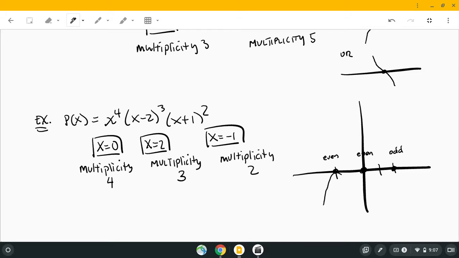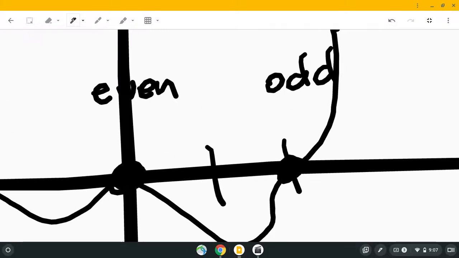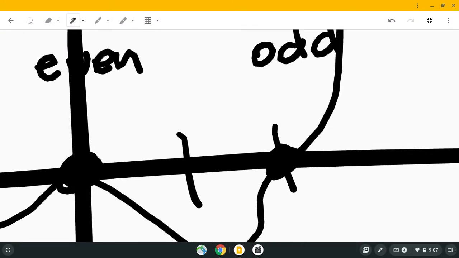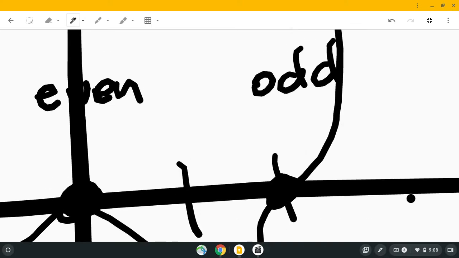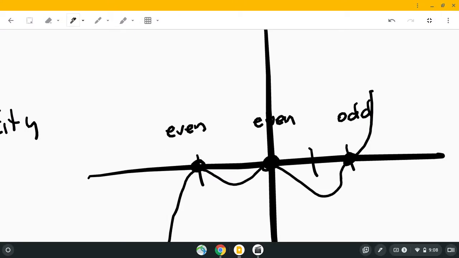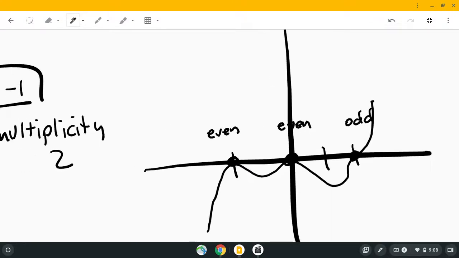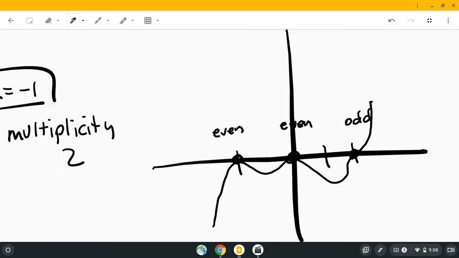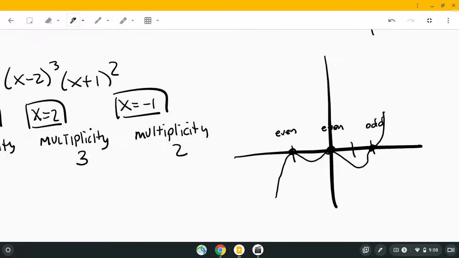Evens are turnarounds. That's a turnaround. And then odds will have that sort of x cubed graph. Do you see that right in here? If I zoom in and you only look at that part, this looks like the x cubed graph. And these guys are turning points because they're even. Hopefully that makes sense.